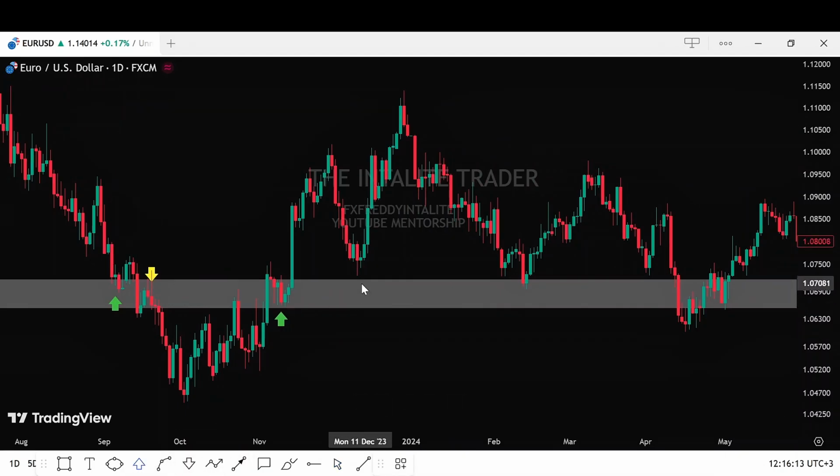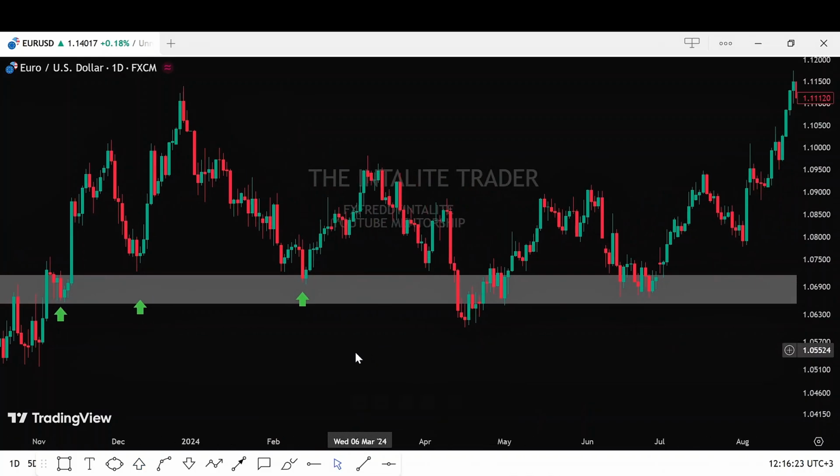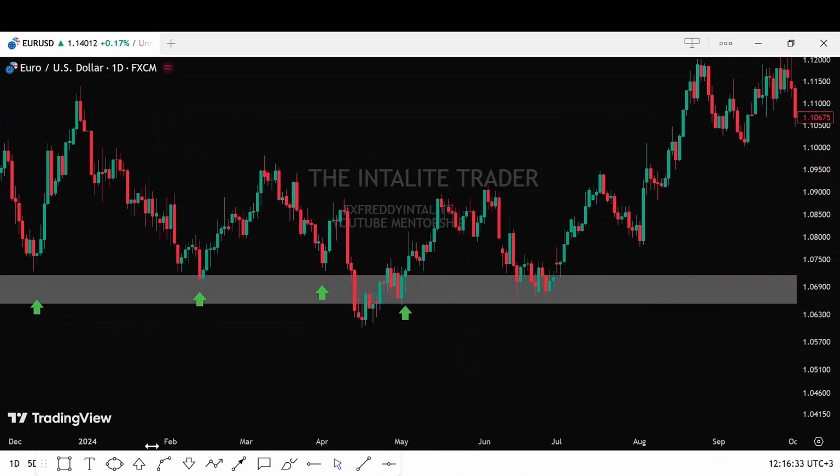Price comes into the same level here, this one. It again comes into the same level, and again into the same level, again into the same level here, then again into the same level.